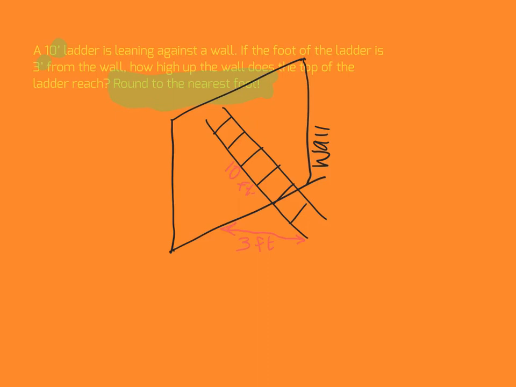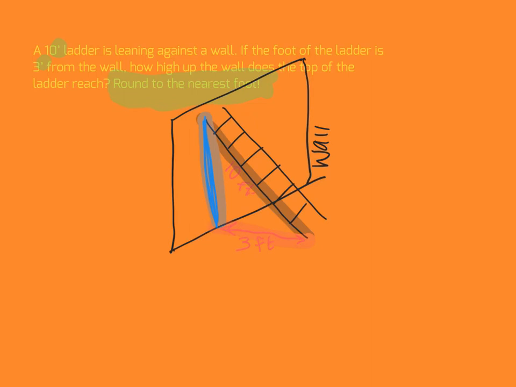So with all of this information, what we're really looking for is a side length, the height up the wall. We have our hypotenuse and one of the legs, and now we're just looking for that missing leg. We have all of the information we need for that.